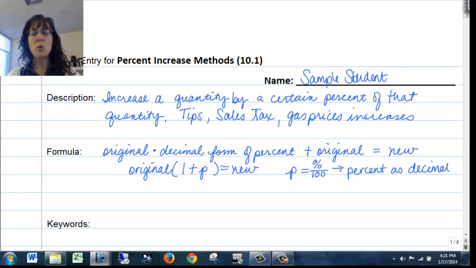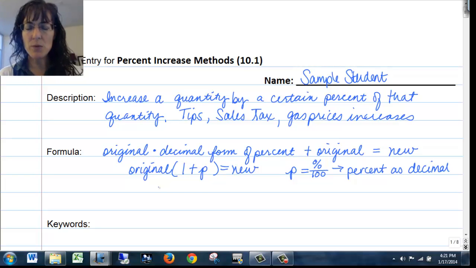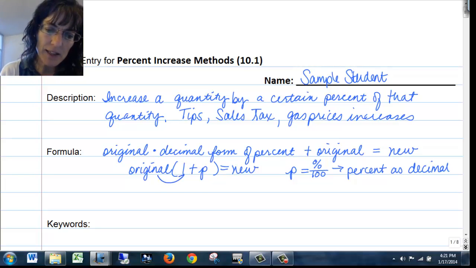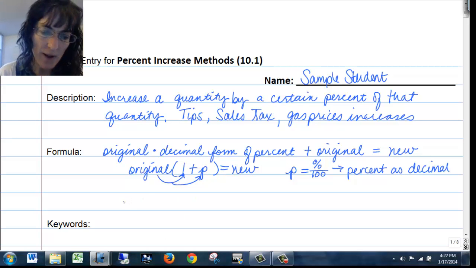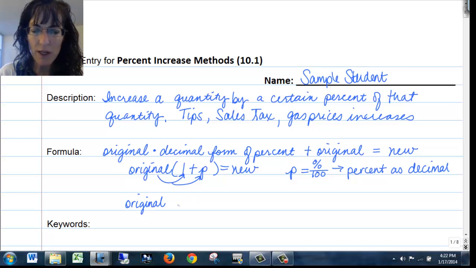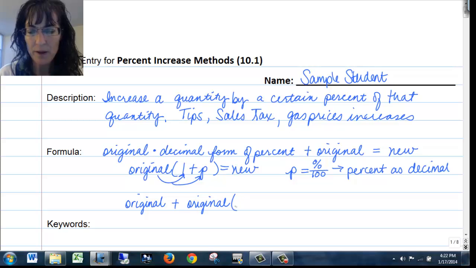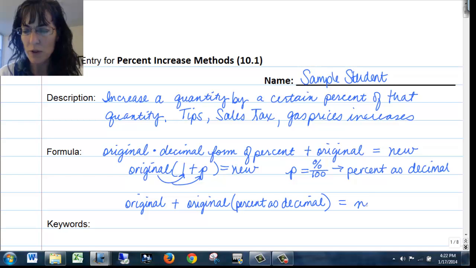Okay, so if I take this, just so that you can see what I'm talking about, and distribute here and here using the distributive property, then I would have original times 1, that's just going to be original, and then plus, for that plus in the middle, and then original times percent as a decimal, and that's going to equal new.